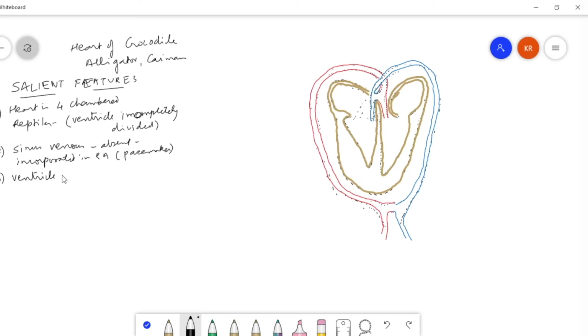The ventricle is largely made up of compact myocardium.